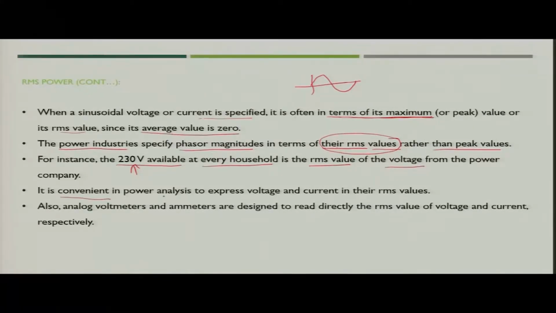It is convenient in power analysis to express voltage and current in their RMS values, because it is more convenient to do the calculations, and the power calculation we just discussed is also easy when we use the RMS value. And our measuring instruments like voltmeter and ammeter are designed to read the RMS value directly. So, that is why the RMS value is very important for our circuit analysis.